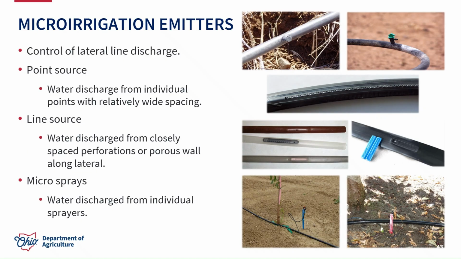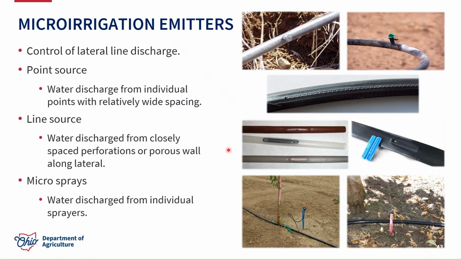There are three main types and groups of microirrigation emitters. Firstly, there are point source emitters, and these discharge water at an individual spot in relatively wide spacing throughout beds, where we may have crops that are spaced further apart.